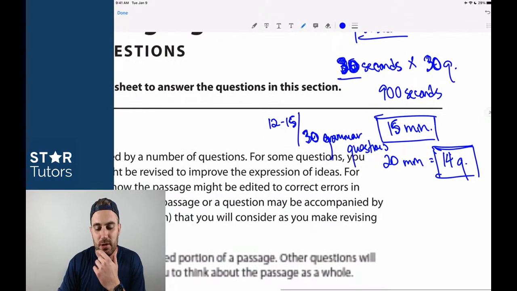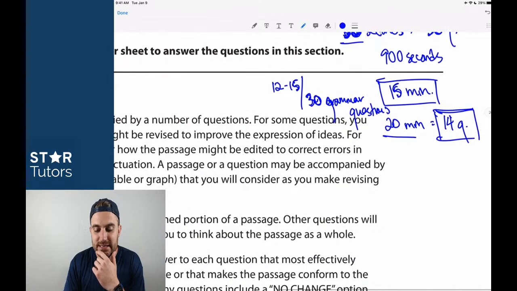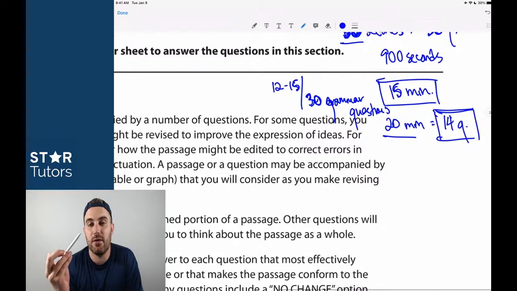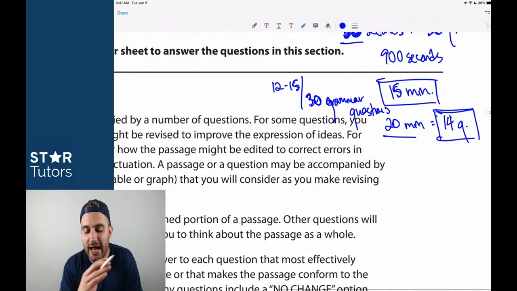That's what I want to bring up first. If you spend the time and effort to really memorize these, then you have so much time on the organization and main idea, or the vocab questions, to really take your time and think about each one of those questions, which is absolutely critical.